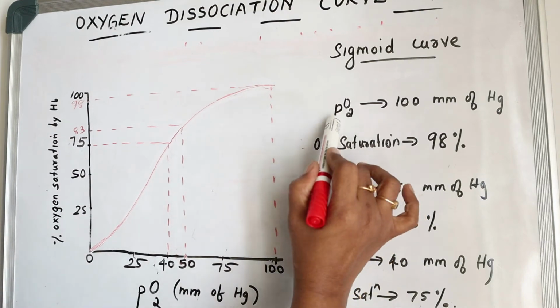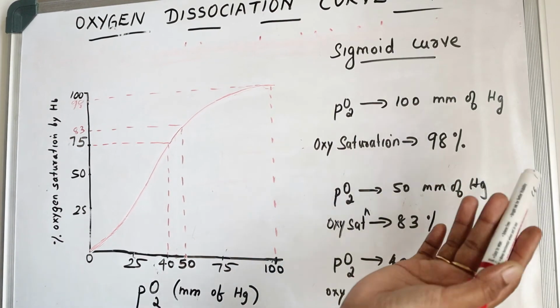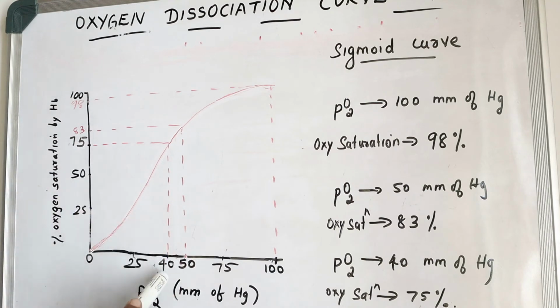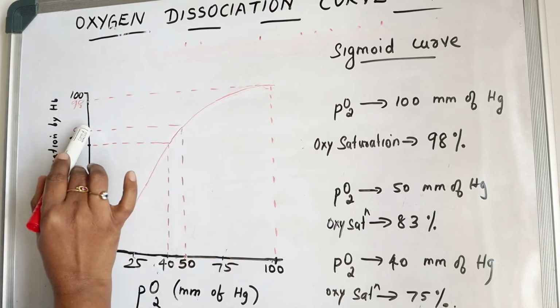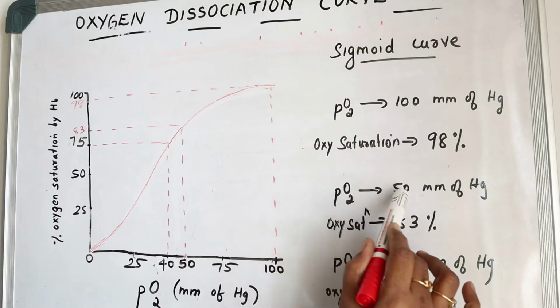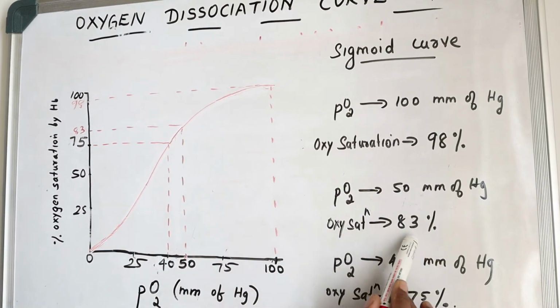If the partial pressure of oxygen is 50 millimeters of mercury, when we plot this, we will get 83% oxygen saturation.